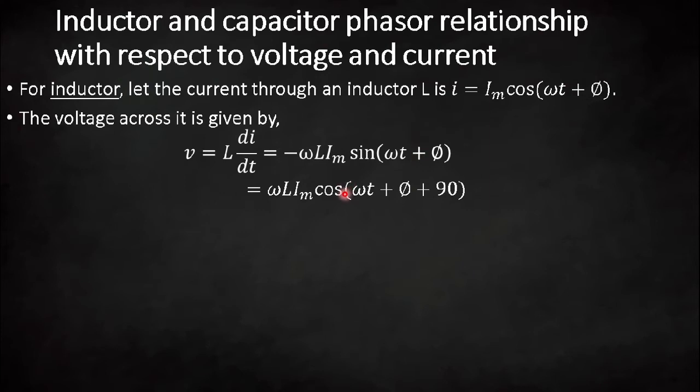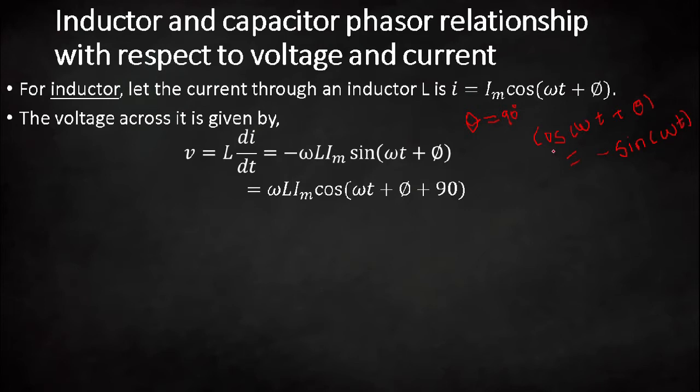Now, using simple trigonometric identities, we know that cos(omega t plus theta), where theta is equal to 90 degrees, is cos(omega t plus 90), which will be minus sin omega t.